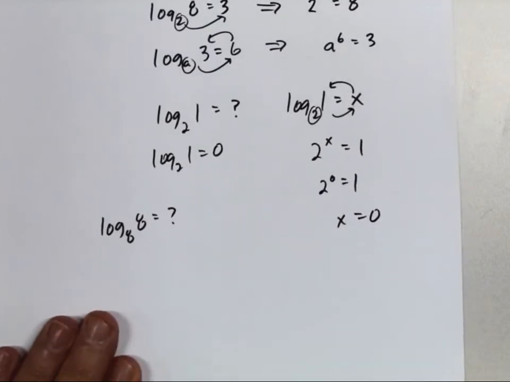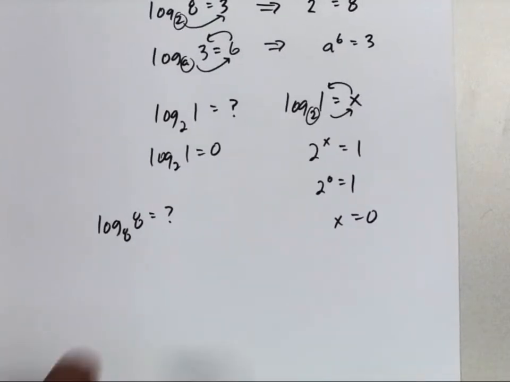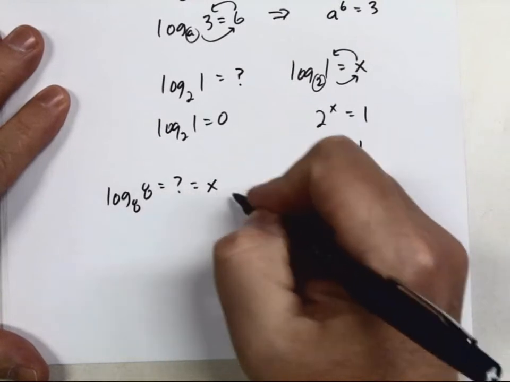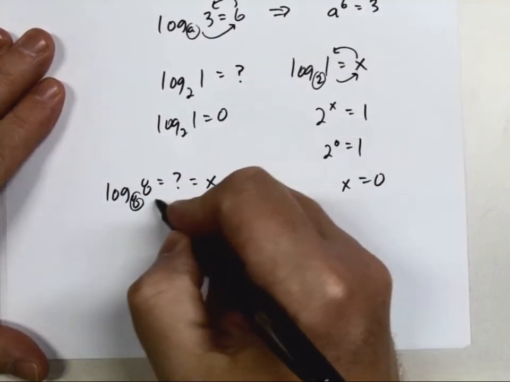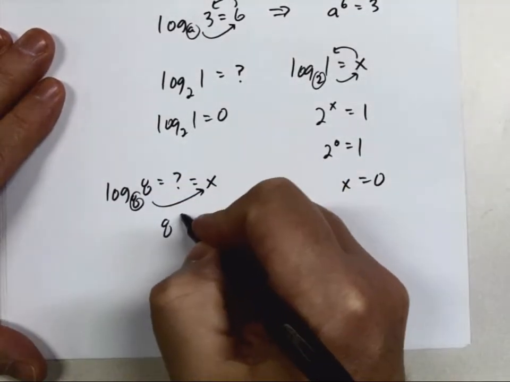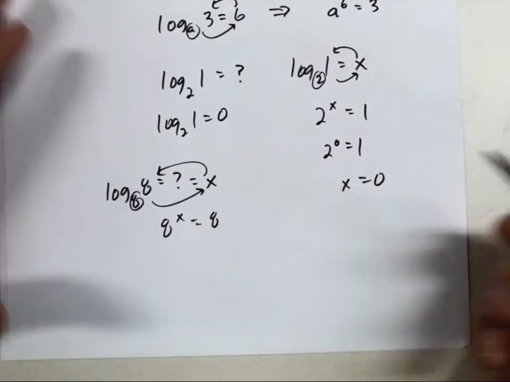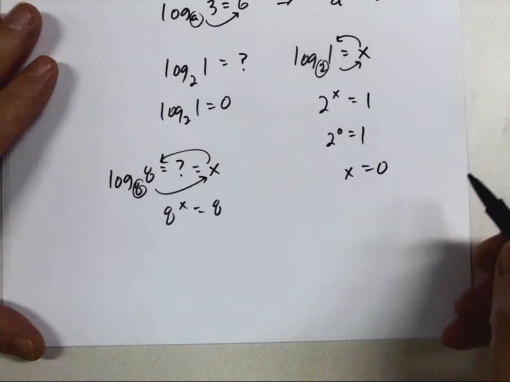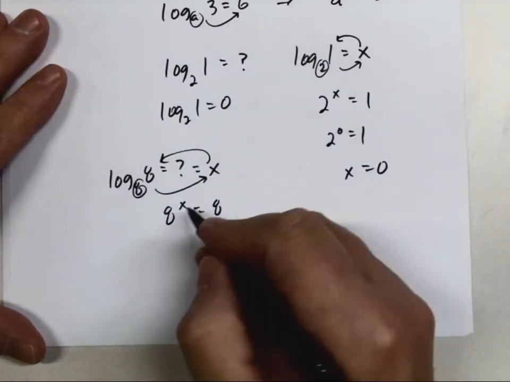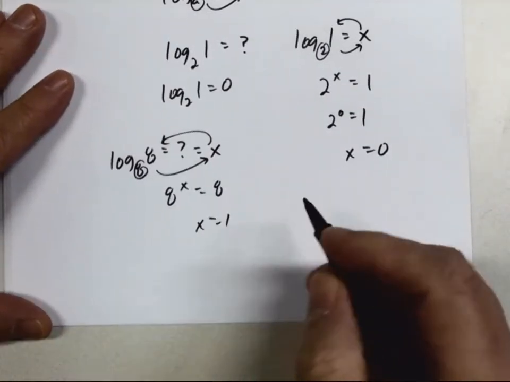Here's another example from the book. Now some of these you might already know because we've learned some of these rules, but let's go ahead and use a circle method. So I'll call this x. 8 to the x equals 8. Obviously, what does x have to be? 1.